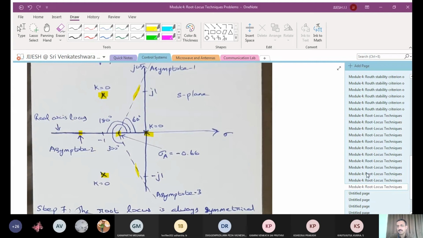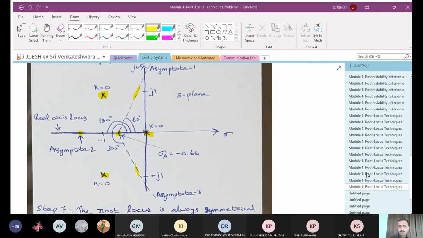Since now it is a complex term, you need to find the angle of departure and angle of arrival. I told you this when I was explaining the steps: since it is a complex term, you need to go with the angle of departure and angle of arrival.